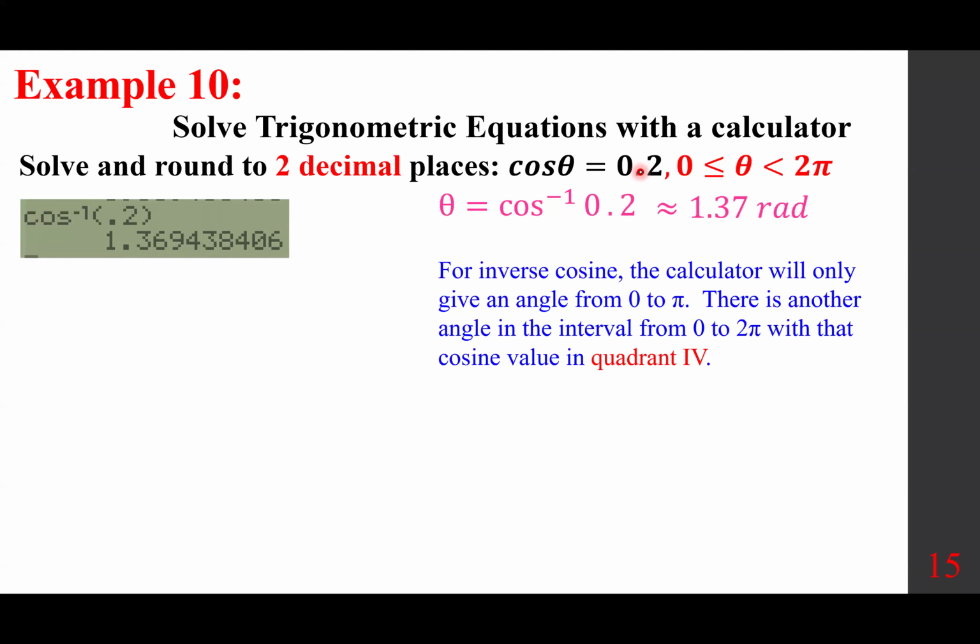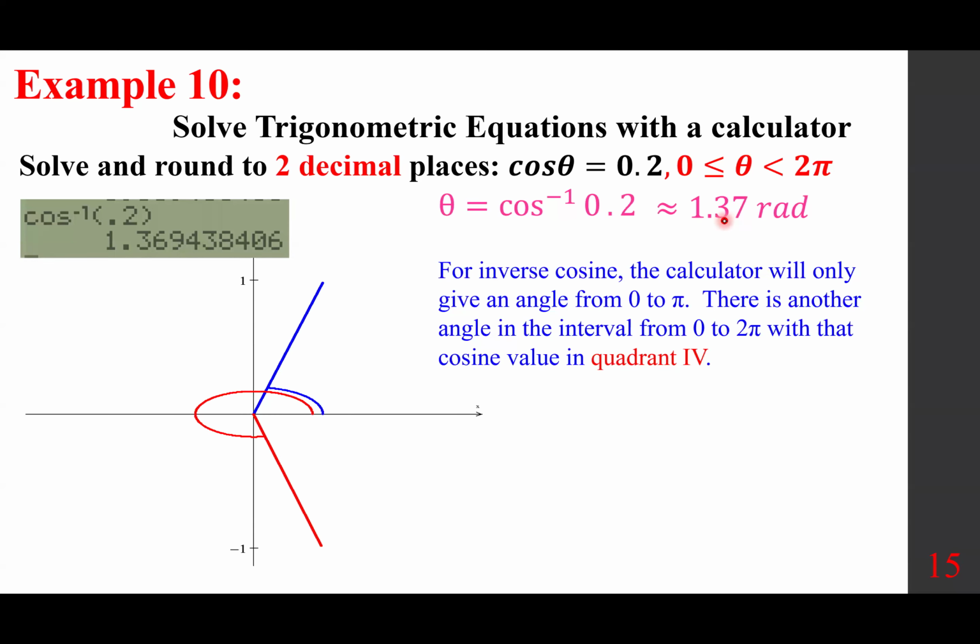And it's fairly simple, everybody. This also acts as a reference arc. Anytime this is positive, this acts as a reference arc. So if it's 1.37 in the first quadrant, in the fourth quadrant, 2 pi minus this number. So this is the first quadrant, theta equals 1.37.